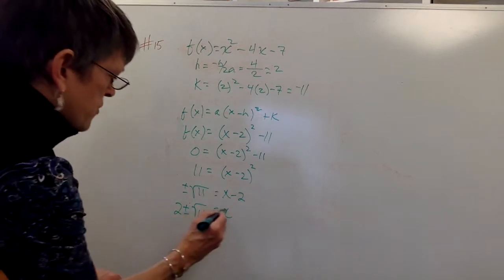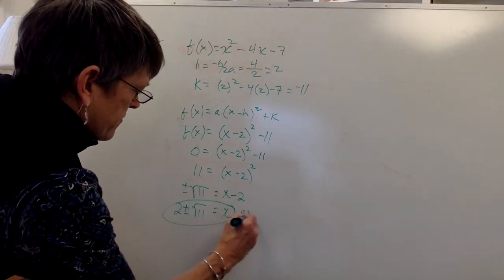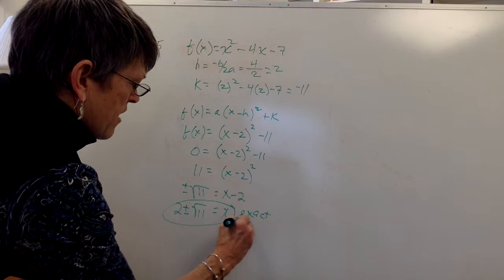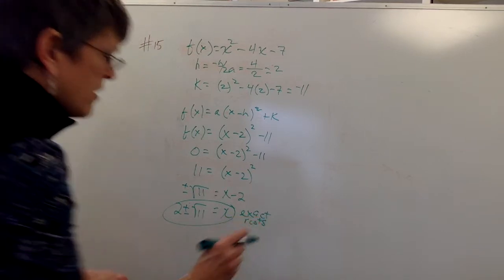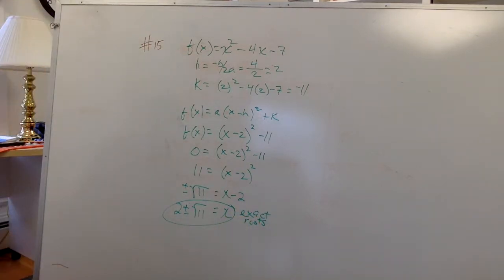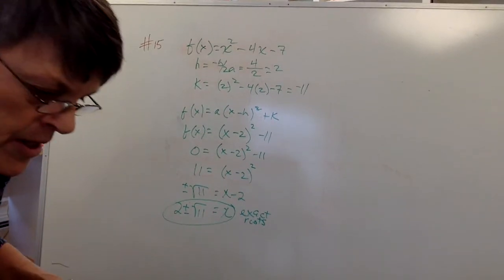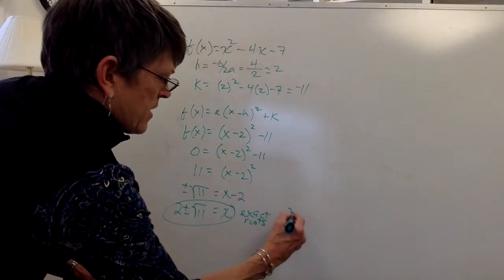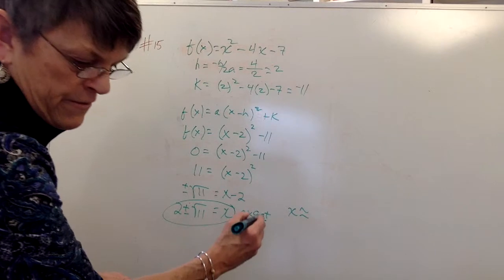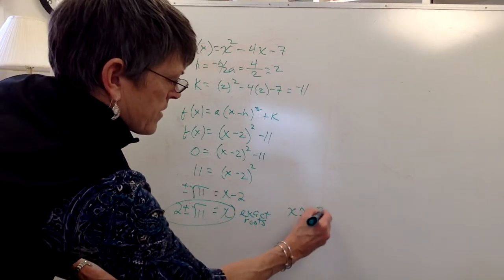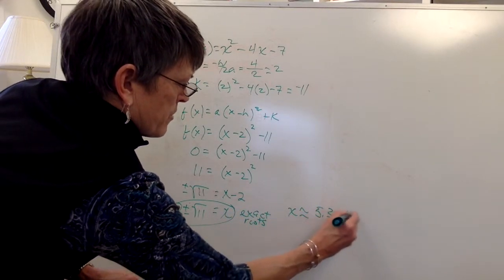These would be considered the exact roots because they are not rational, they're irrational because of the radical, and to write the exact roots, we'd write them using the radical sign. Our approximate roots would be, let's see, if we do this out, x is approximately 5.3 and negative 1.3.